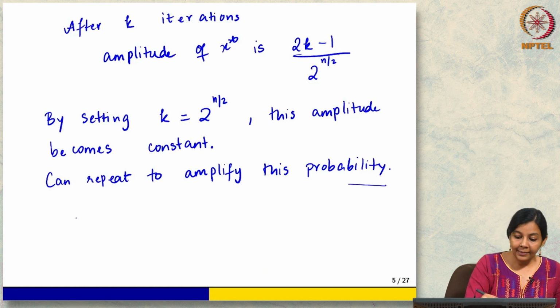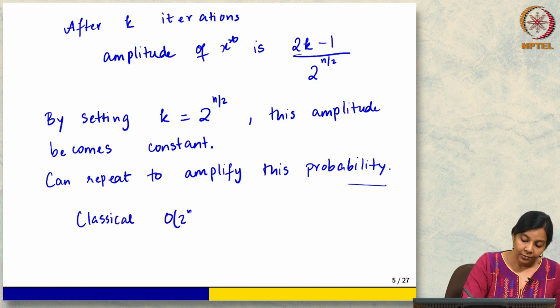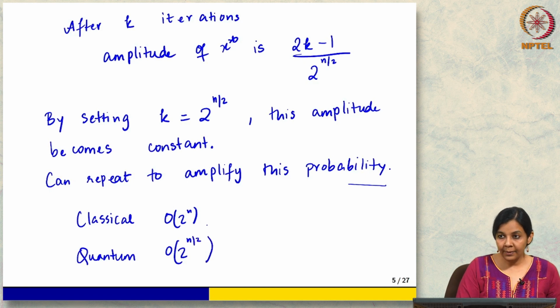And this means that from the classical 2 to the n, I went to 2 to the n over 2.